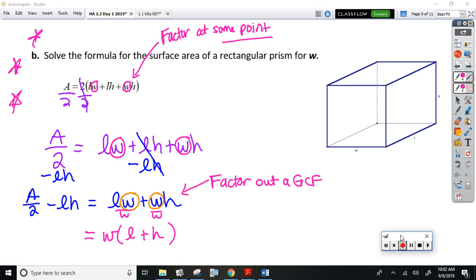Let me move my box here. So now the last step, second to last step I guess, is to undo this operation. We see multiplication, we're going to divide. You're going to divide by this whole parenthesis set, which looks weird. Do not redistribute because you're undoing what you just did. Now over here we're going to have to clean this up a little bit.